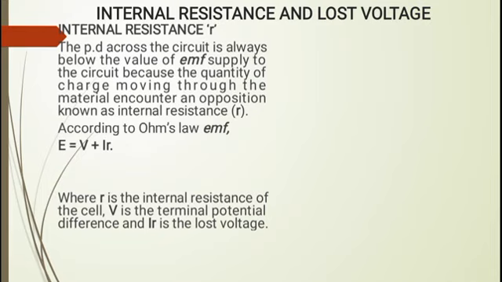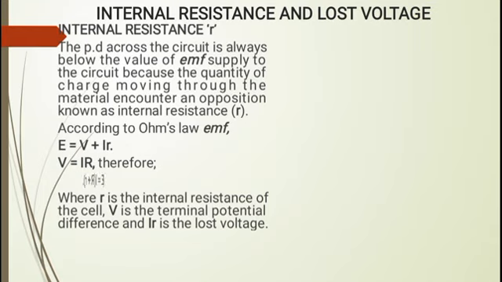Here, this V represents capital IR according to Ohm's law that we first looked at. And the small Ir represents the part of lost voltage in the circuit, that is the voltage lost while encountering opposition known as internal resistance.